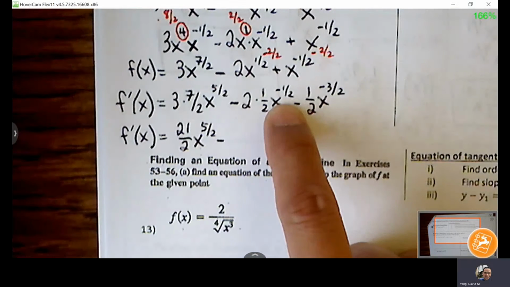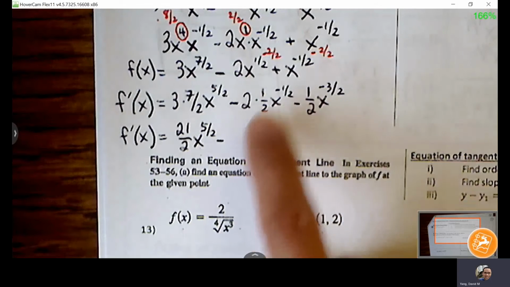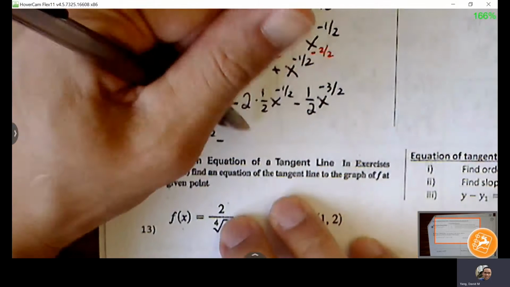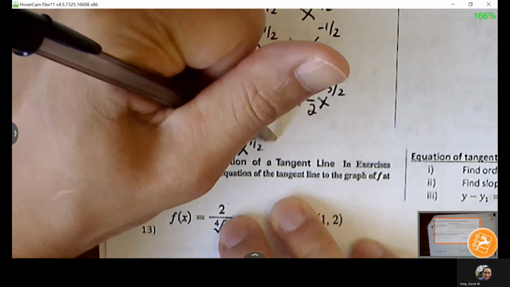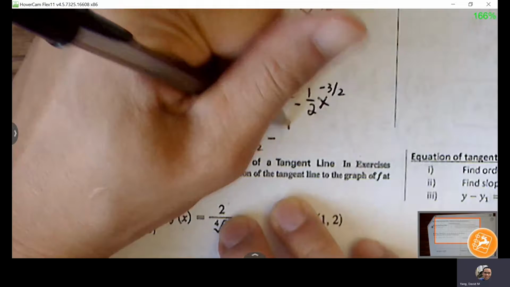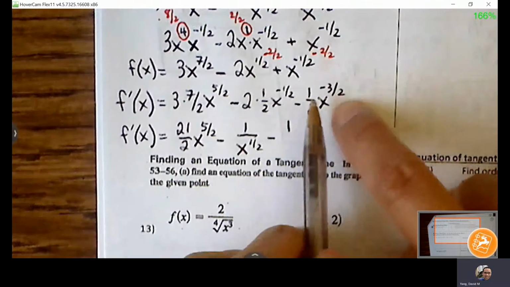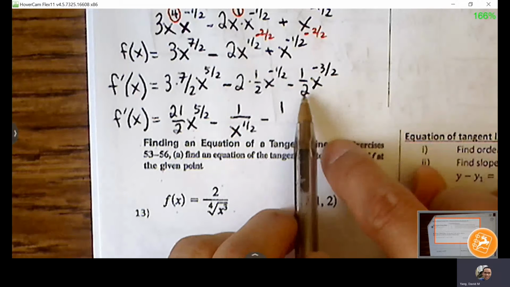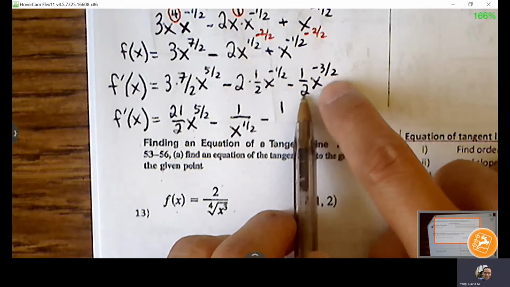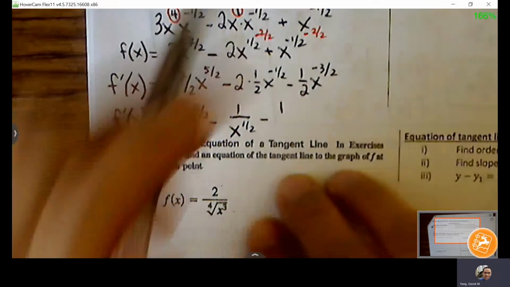This is 1x to the negative 1/2. I'm going to push that negative exponent back down to the denominator. This x also shows a negative exponent, so I'm going to push it down to the denominator. There's already a 2 in the denominator here, so I'm going to make the 2 and the x share the same denominator space.